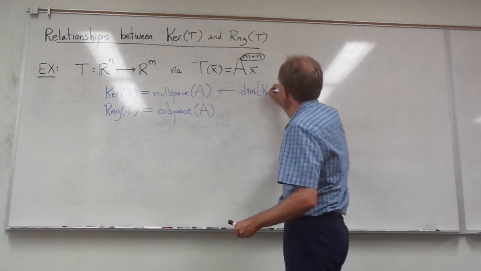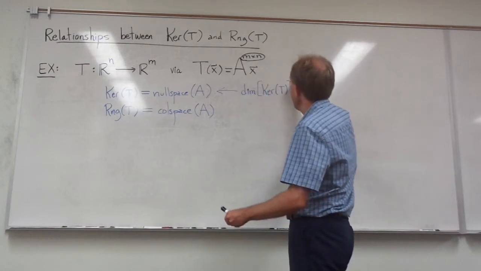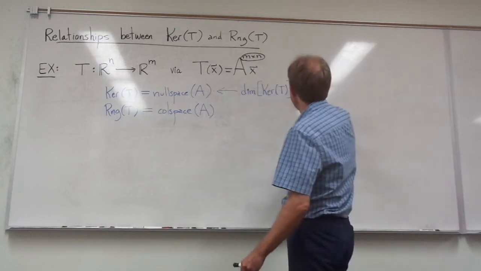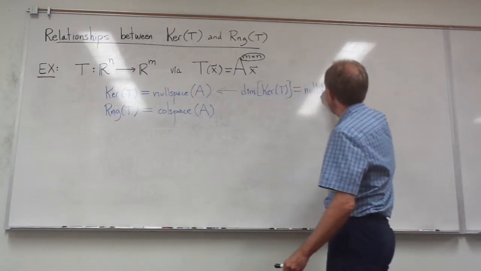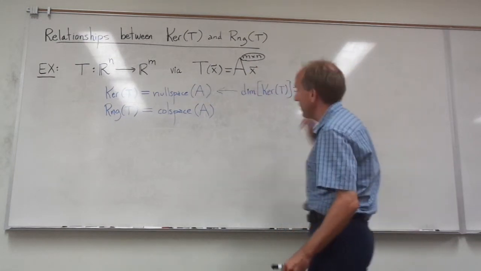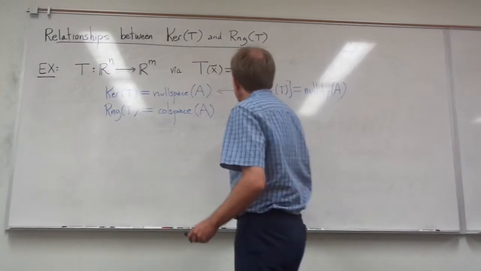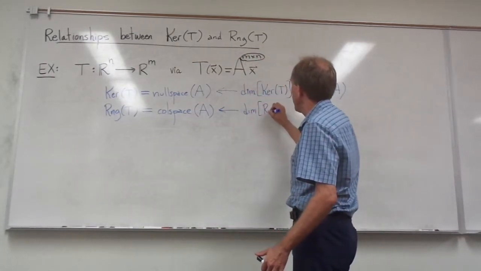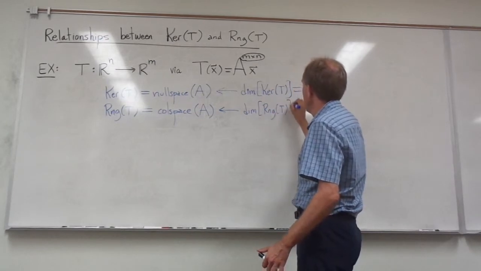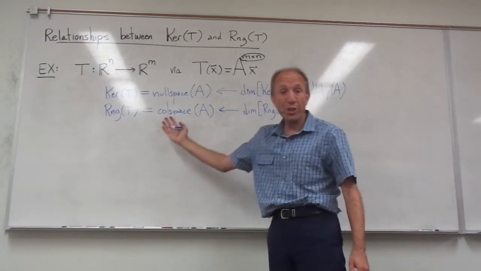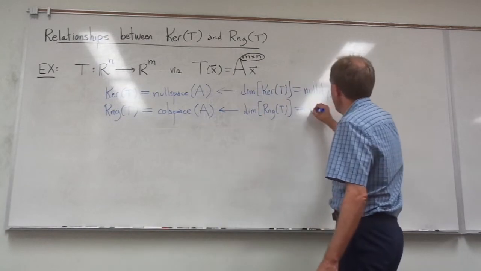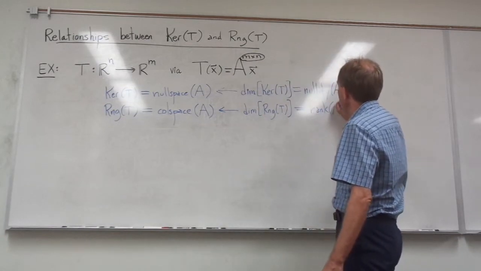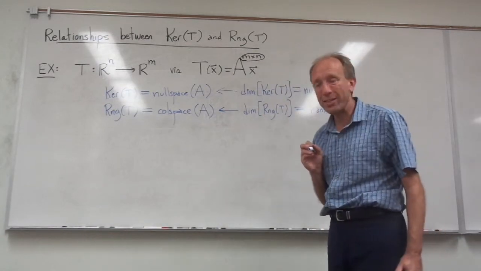The other thing to notice is that the dimension of the kernel of T in this example is just the nullity of the matrix. The dimension of the null space is just the nullity. Whereas the dimension of the range of this transformation is just the dimension of the column space, and we know that to be the rank of the matrix.